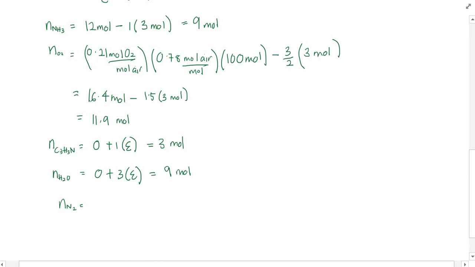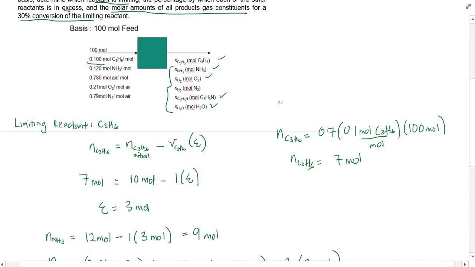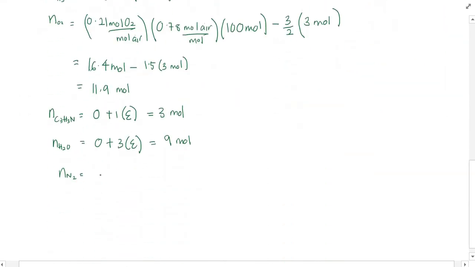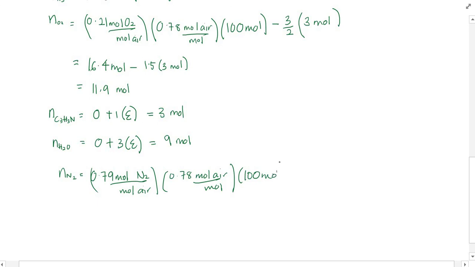At your input you have 0.79 mole of nitrogen per mole air, multiplied with 0.78 mole air per mole feed, multiplied with 100.